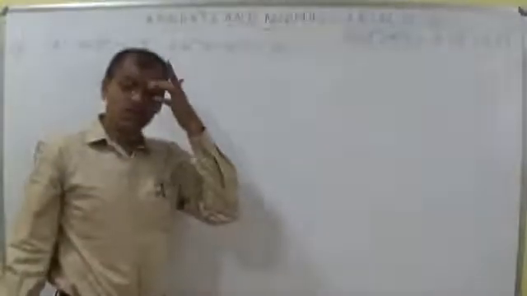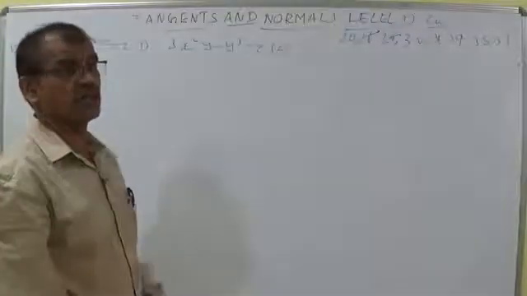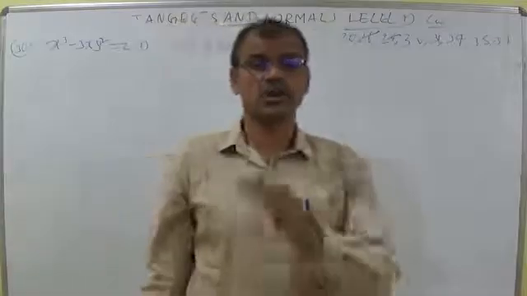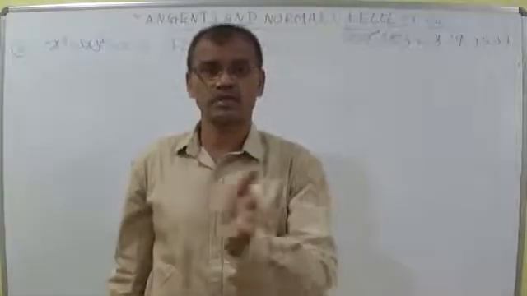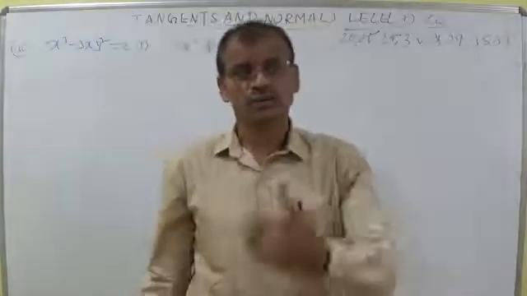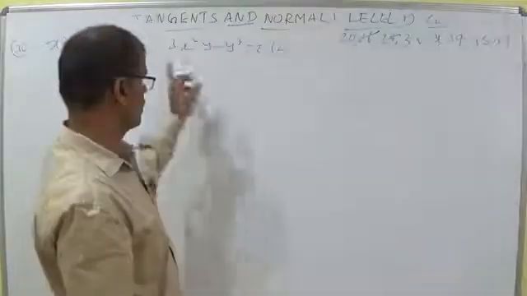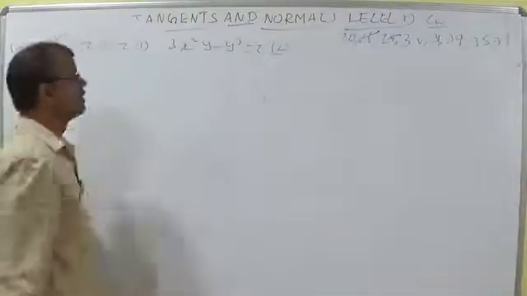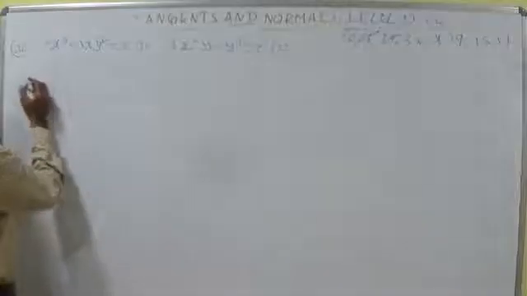We discussed the formula theta equals tan inverse of m1 minus m2 by 1 plus m1 m2, where m1 is the slope of the first curve and m2 is the slope of the second curve. To calculate m1 and m2, first of all we should differentiate the first and second equations. Understand that this is an implicit function, meaning x and y are merged. The second one is also an implicit function.